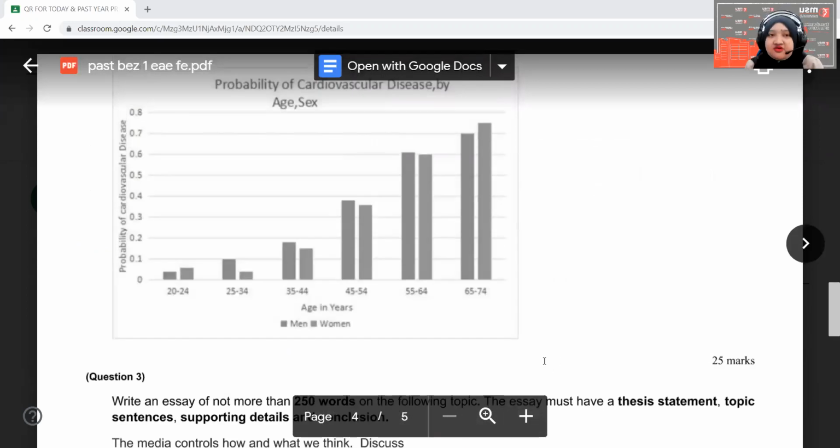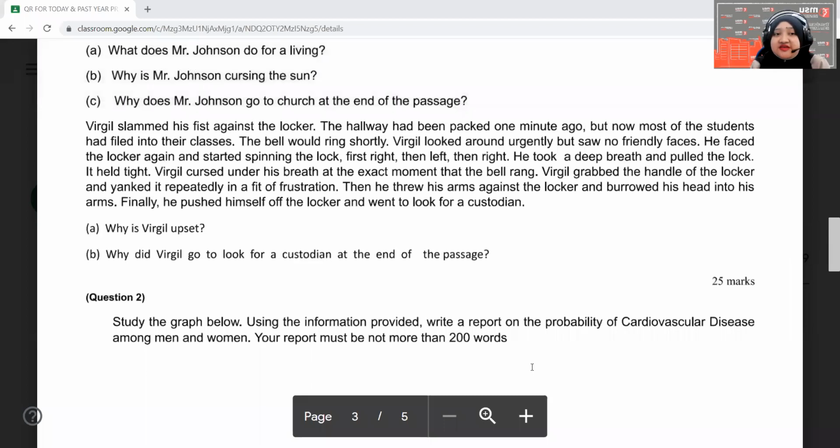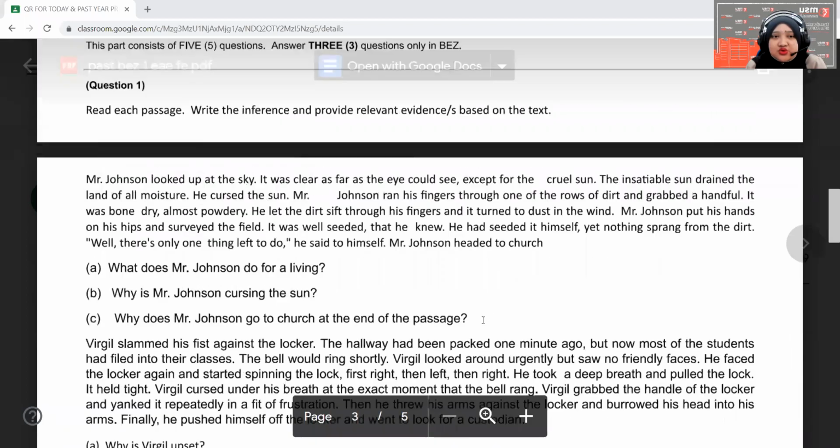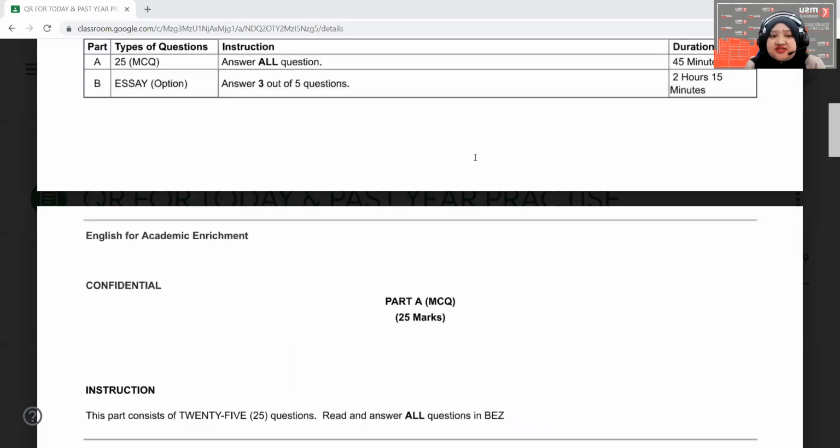Once again, your final exam is 100 marks for 40%. So do your best. Even though you have completed your coursework, which is 60%, and some of you have already reached the passing marks, congratulations, by the way, it's still not yet considered a pass.